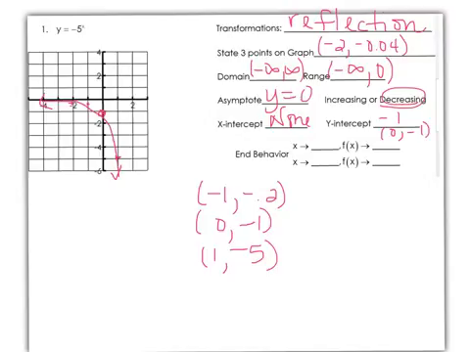Now our end behavior. As our x goes to -infinity, what's happening to f of x? It gets closer to 0. As our x goes to positive infinity, what's happening to f of x? It goes to -infinity. These are all of our characteristics for this graph.